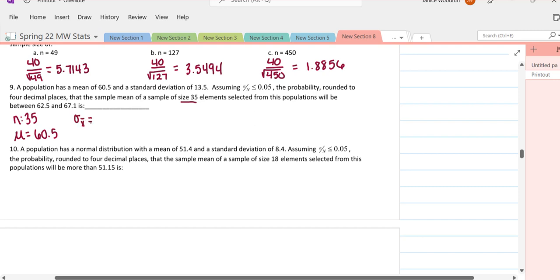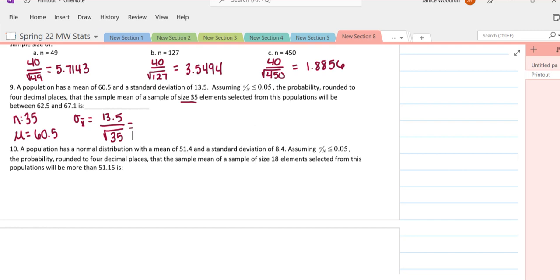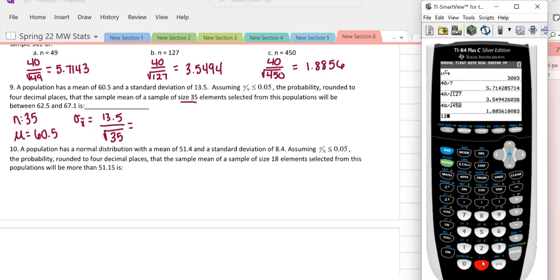So that's going to be this population standard deviation 13.5 divided by the square root of n, 35. So 13.5 divided by the square root of 35. 2.2819.